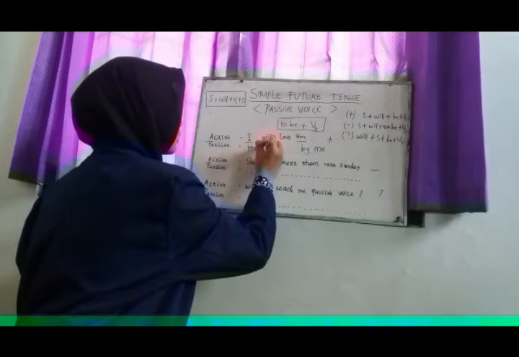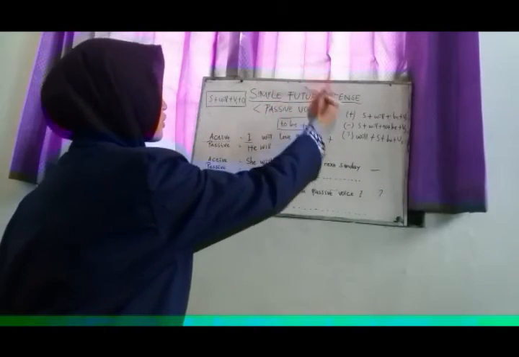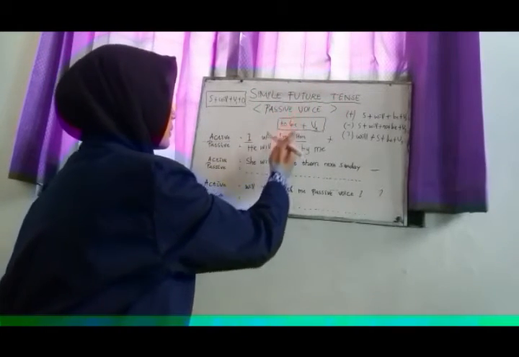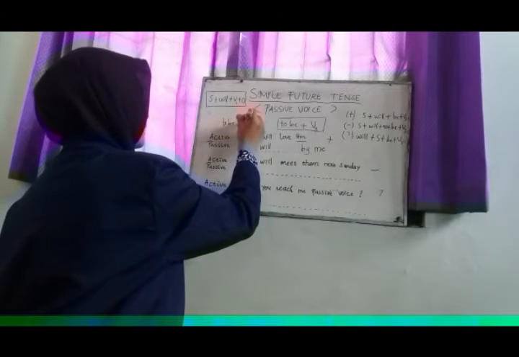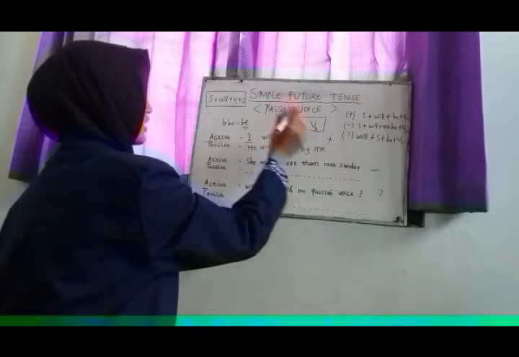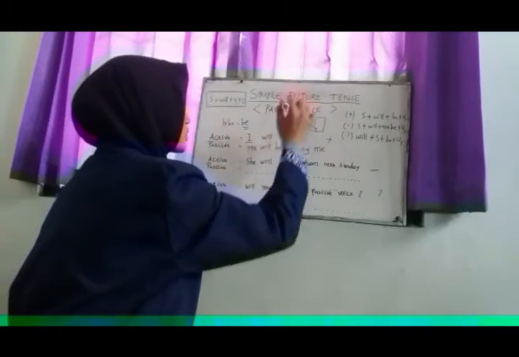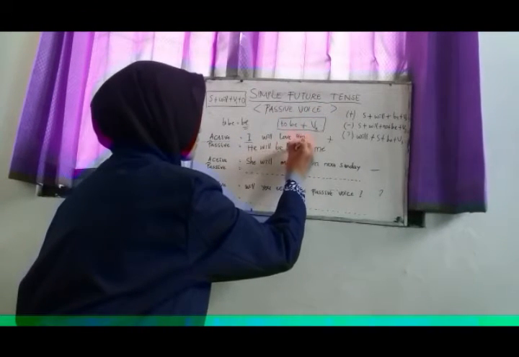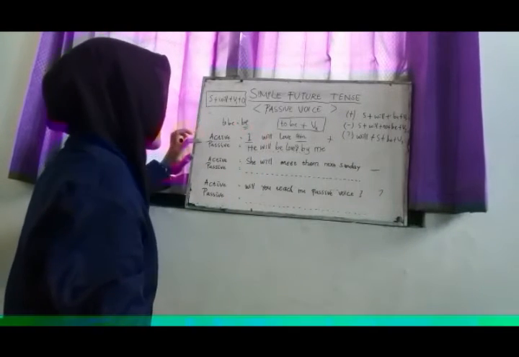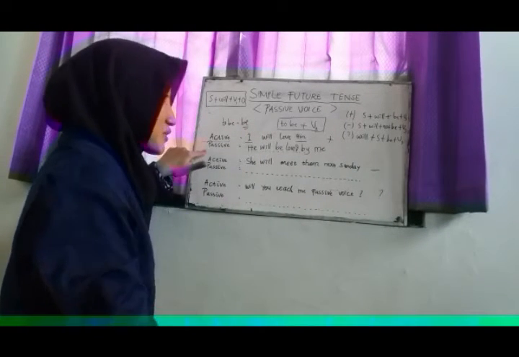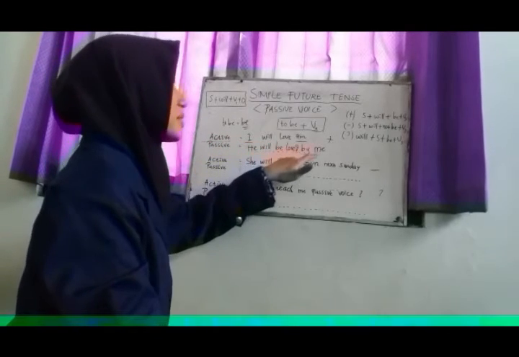Will is still will, and we have to change to be and verb 3 here. To be in future is be. We put it here. Love in verb 3 is loved. Alright. The passive sentence: he will be loved by me.